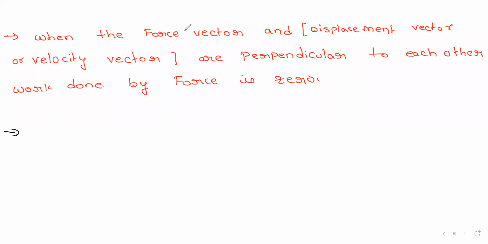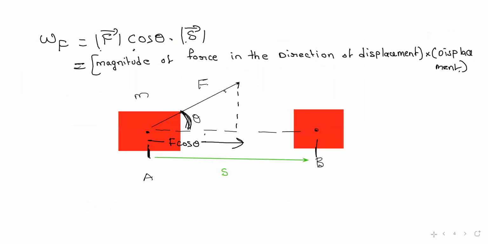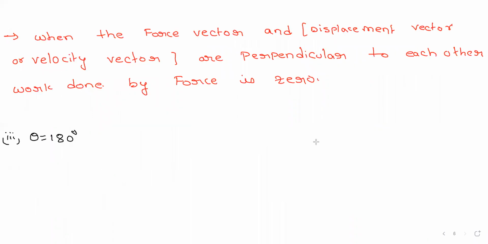Next. Third case is when theta is equal to 180 degrees. So when theta is 180 degrees, force and displacement are in opposite directions. So force is in this direction, displacement is in this direction.